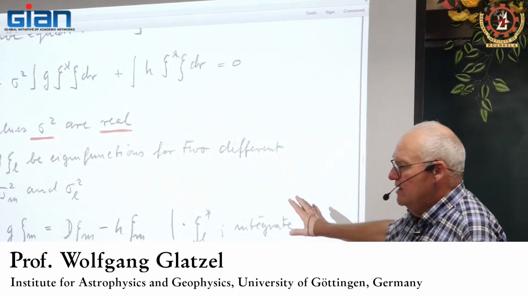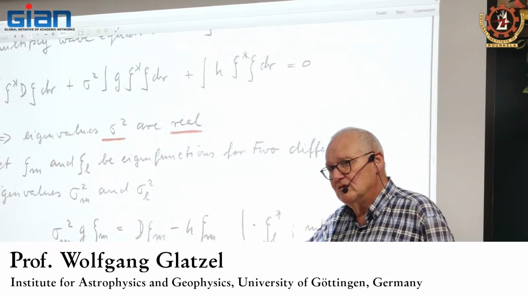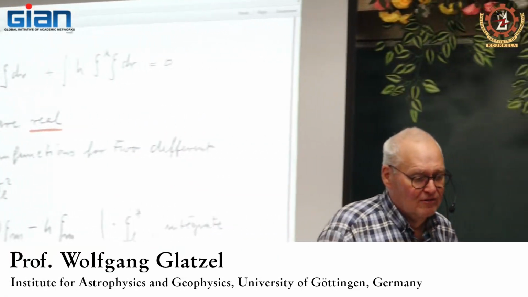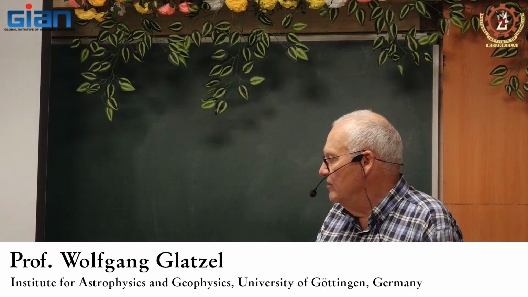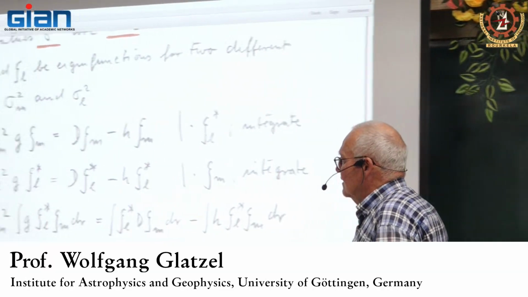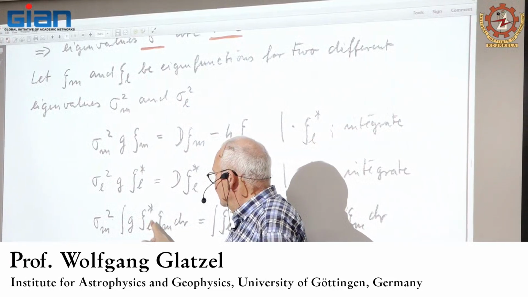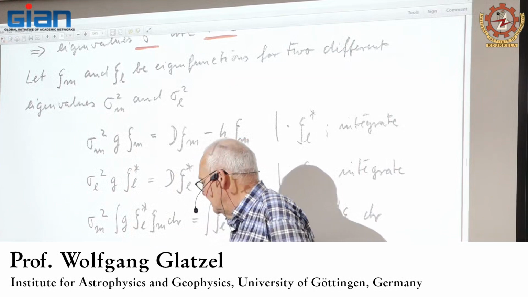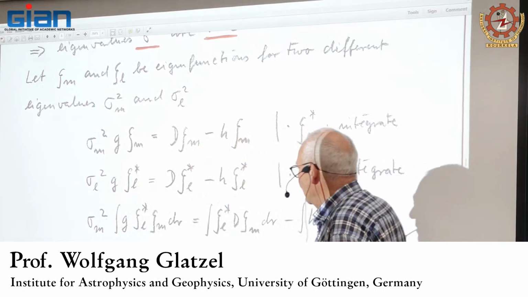What we do now is we integrate the first equation with the second eigenfunction, zeta l star, and integrate the second equation with the first eigenfunction, zeta m, over the integration interval. Then we are left with sigma m squared times the integral over g times the product zeta l star times zeta m, and in the second equation we have zeta l star times zeta m.